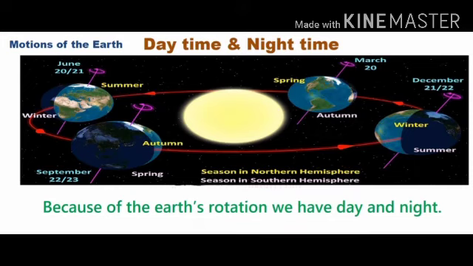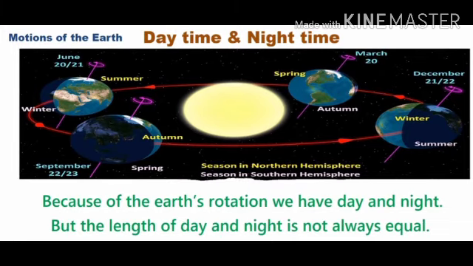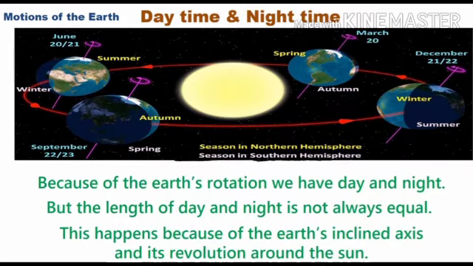Because of the earth's rotation, we have day and night. Seasons in the northern hemisphere and seasons in the southern hemisphere, why they are different, let's have a look. In the northern hemisphere, between 22nd March and 23rd September, the days are longer than the nights.